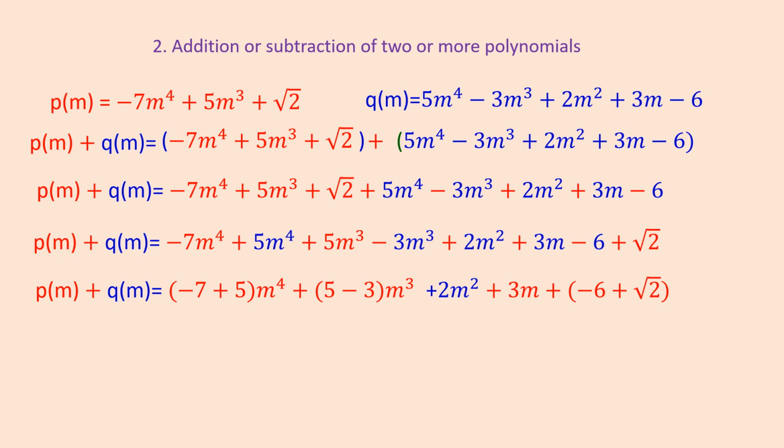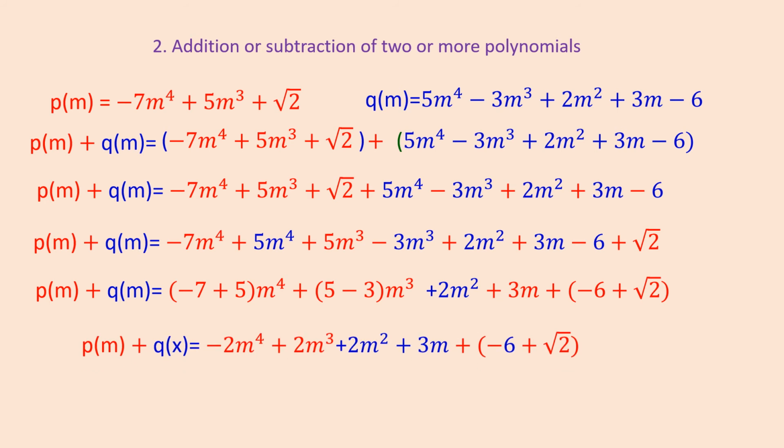When I further simplify, you know the rule of like terms addition, which we have done: the variable part will be common and the coefficients will be simplified. Minus 7 plus 5 m raised to 4, plus 5 minus 3 m cube, plus 2 m square, plus 3m, plus minus 6 plus root 2. You will see that like terms are simplified.